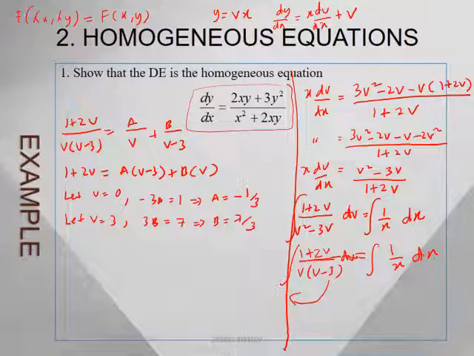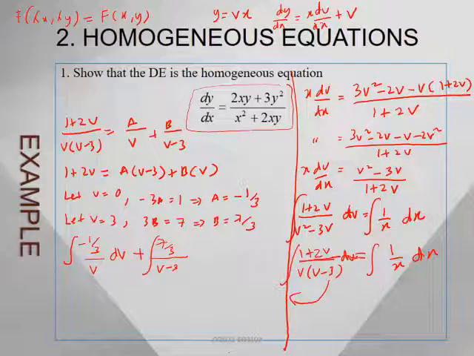So you can plug in. So it's actually the integration of negative 1 over 3 over v dv plus 7 over 3 over v minus 3 dv equals the integration of 1 over x dx.